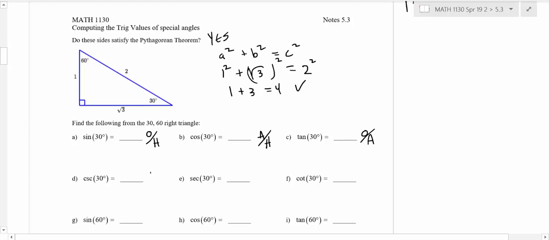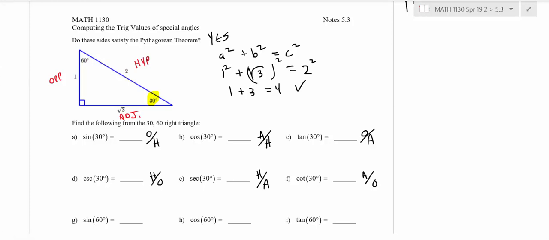Then the cosecant is the reciprocal of the sine, secant is the reciprocal of cosine, and cotangent is the reciprocal of tangent. So what we're going to do is work just with the 30-degree angle. If you look at the 30-degree angle, this would be the side opposite, this would be the side adjacent, and that would be the hypotenuse. The hypotenuse is always the longest side.